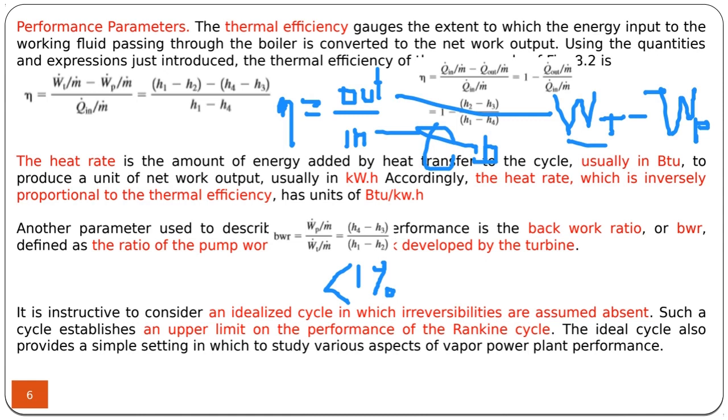But it can be as high as 50 or 60% in a gas turbine, which is a gas cycle. We will see it next week. But in power cycles utilizing steam, the back work ratio is only 1% or less.